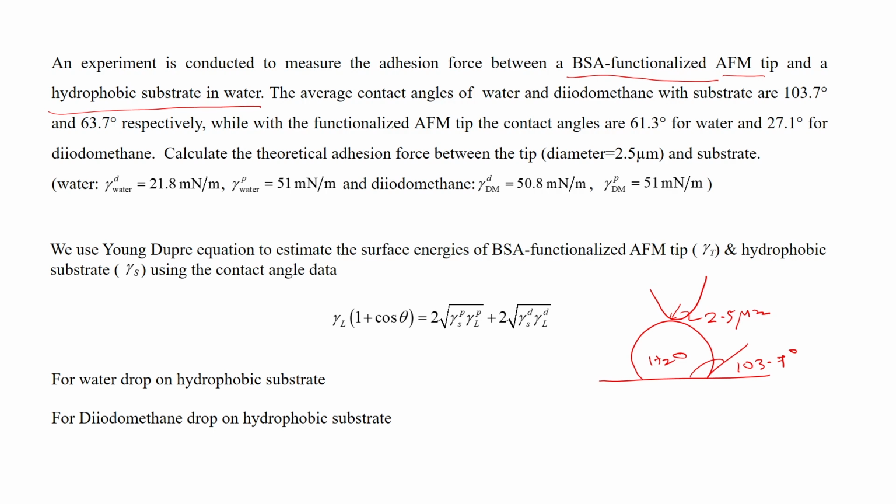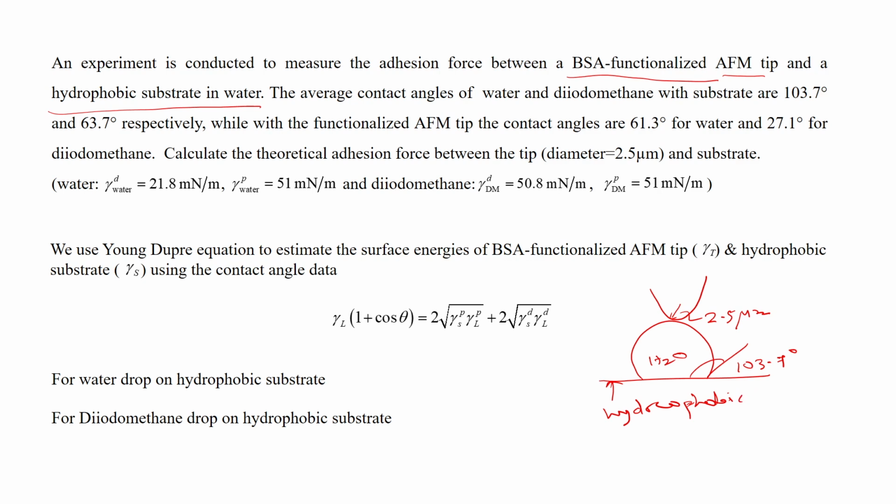And then diiodomethane. Water is a polar molecule, diiodomethane is a non-polar molecule. The surface that we have is hydrophobic glass or hydrophobic silicon, and hydrophobic once again is non-polar, so non-polar interaction will be better.